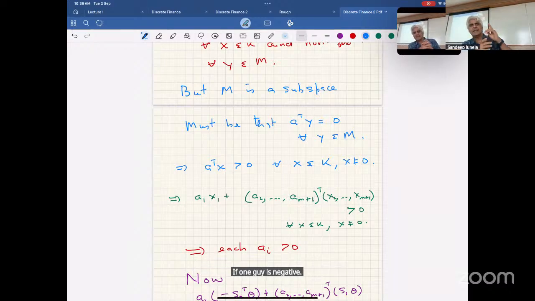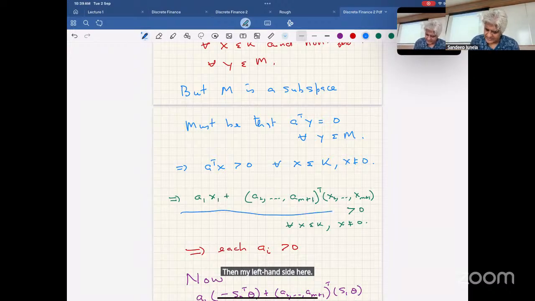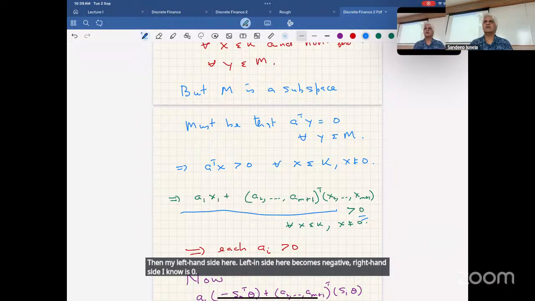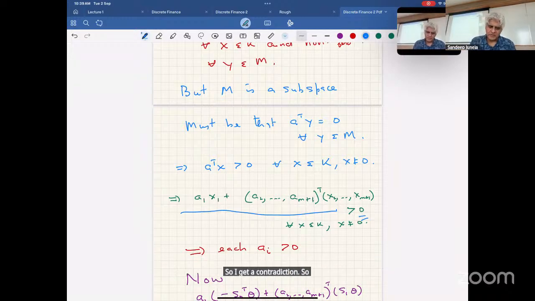Then I can take the corresponding x to be positive and all the remaining x's to be 0, and I get a contradiction. Suppose A1 is negative, then I'll take x1 to be positive and all the remaining x's to be 0. Then my left-hand side becomes negative, right-hand side I know is 0. So I get a contradiction. So all the A's must be strictly positive.